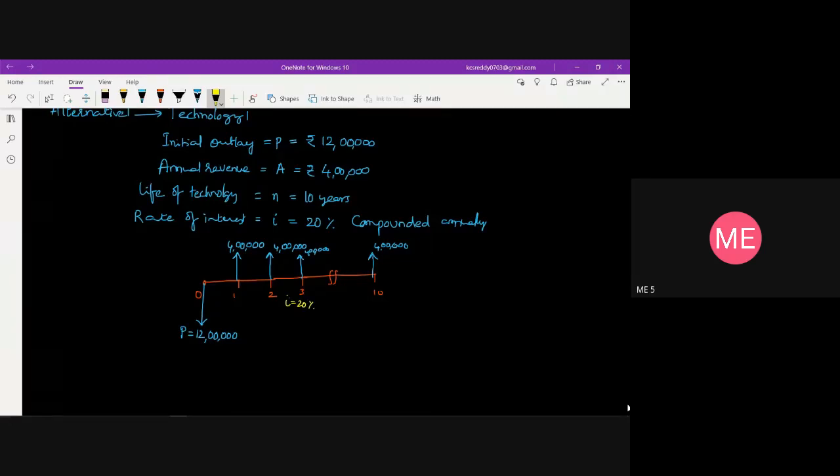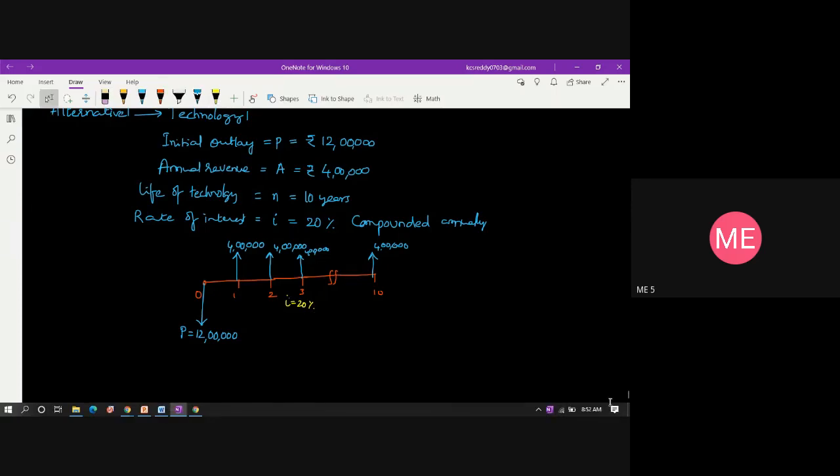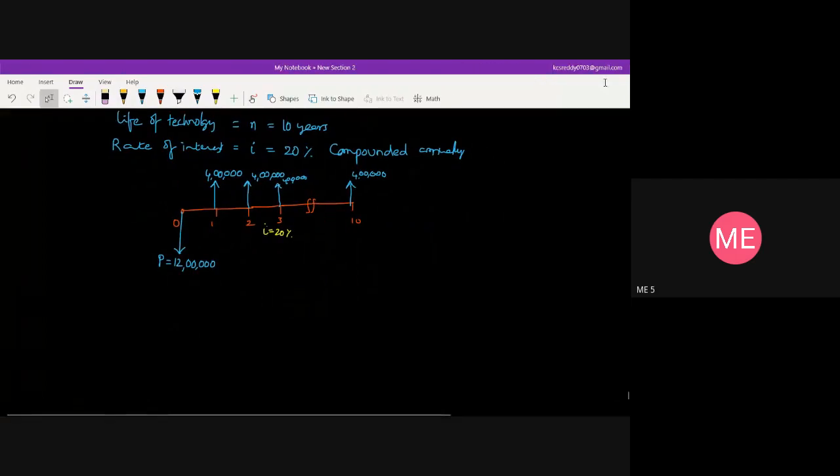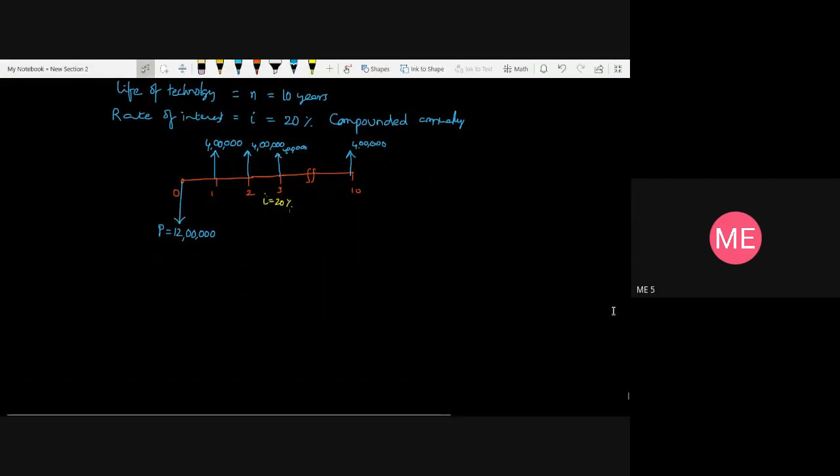Once you know the cash flow diagram, you can decide which formula to use, because I need to find the present worth of this cash flow diagram.